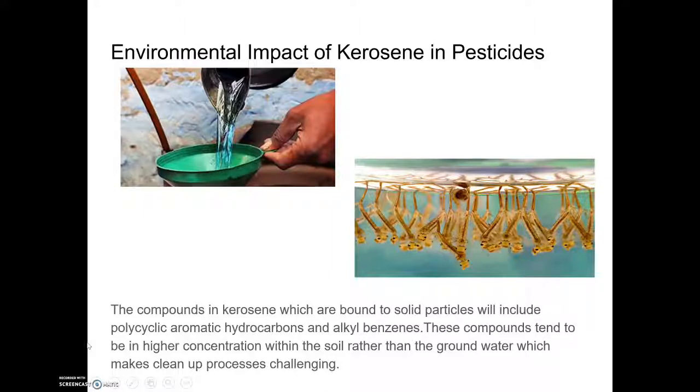However, in groundwater, many of these compounds transition between solids, which are the soils, and liquid phases. The compounds in kerosene which are bound to solid particles will include polycyclic aromatic hydrocarbons and alkyl benzenes. These compounds tend to be in higher concentration within the soil rather than the groundwater, which makes cleanup processes challenging.